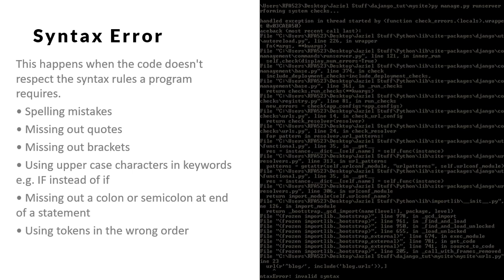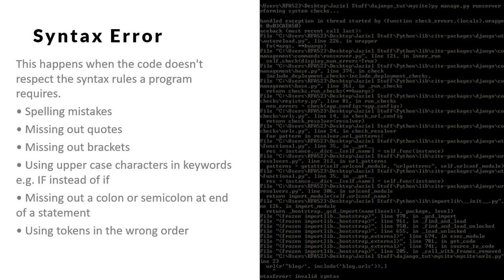This happens when the code doesn't respect the syntax rules a program requires. For example, in C# or Java, if you omit the semicolon at the end of the line, that will confuse the compiler because it will not know what you mean anymore. As a result, this will throw an error. Some errors that you can see in programming are: spelling mistakes, missing quotes, missing brackets, using uppercase characters in keywords, missing a colon or semicolon at the end of the statement, and using tokens in the wrong order.